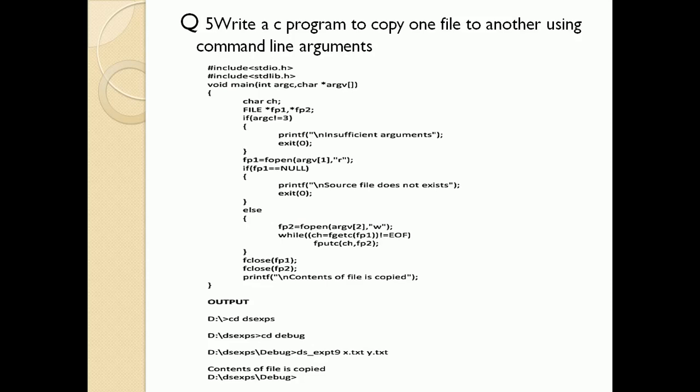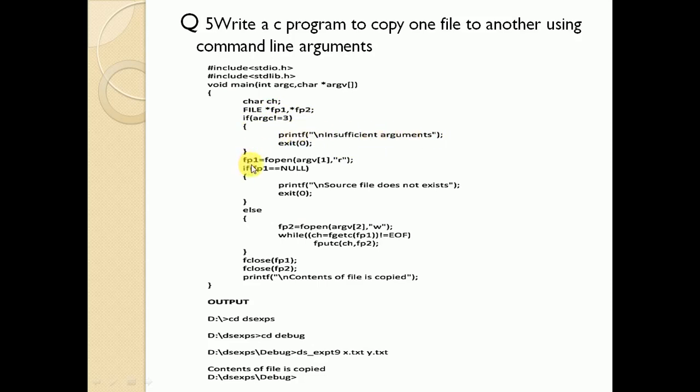Here we have taken the variable char ch, then FILE, where we have declared the two file pointers *fp1 and *fp2. Then we are checking the condition argc is not equal to 3. Then print insufficient arguments, then exit. Then come out from the loop.